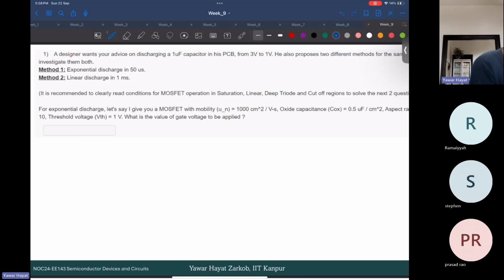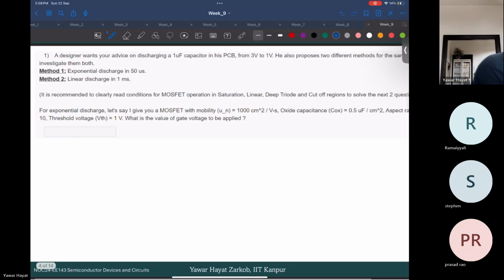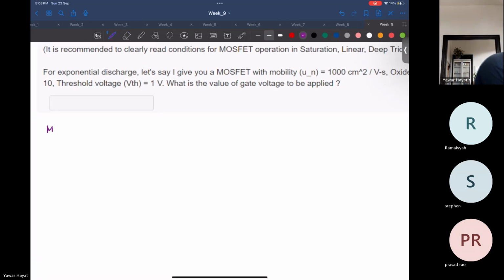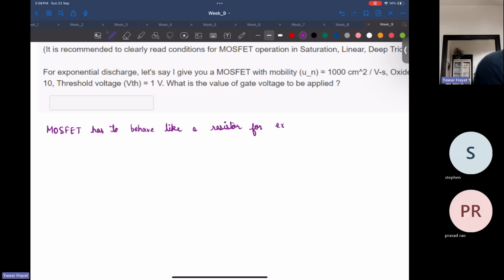So now, your MOSFET has to behave like a resistor for exponential discharge.